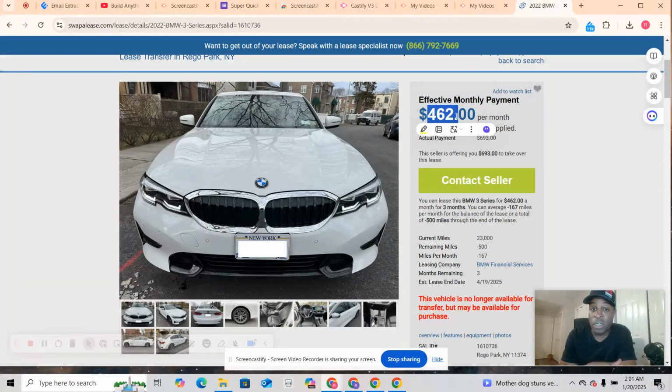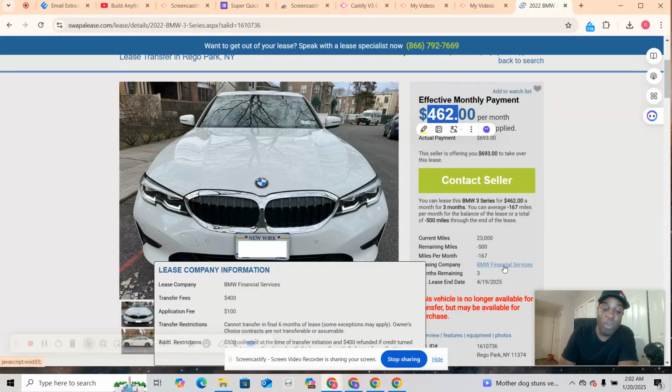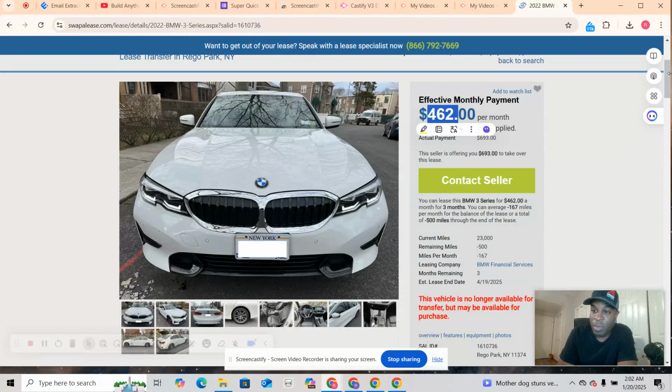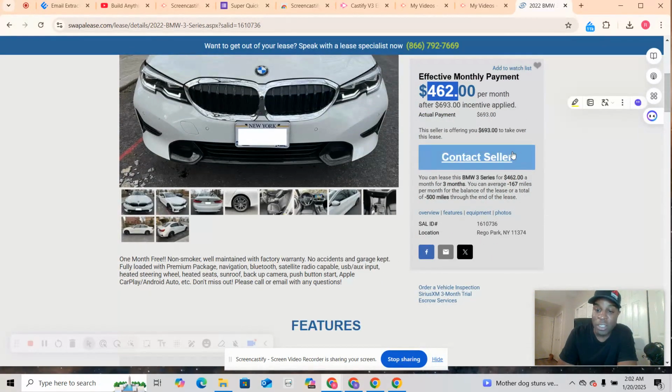You don't have to register the car, but you do have to qualify with the leasing company. Normally on Swap a Lease, the leasing company is BMW Financial Services, one of the top exotic car leasing companies. You definitely want to get in good with them if you want a lease trade line, which is an auto trade line on your credit report.